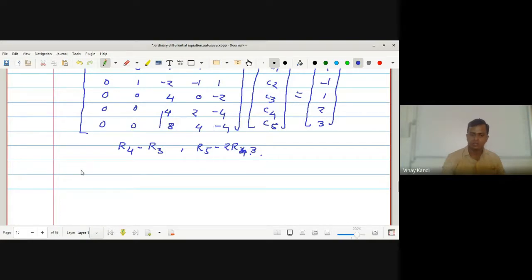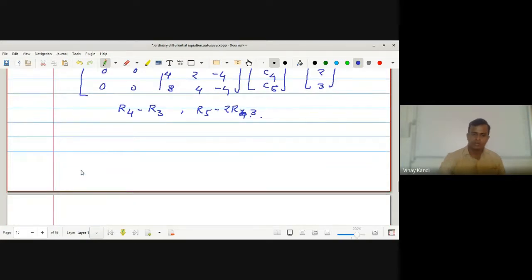Okay, now transformation matrix. First column माहितीच असणार. First row 1 0 1 1 0 0 1 -2 -1 1 0 0 4 0 -2.